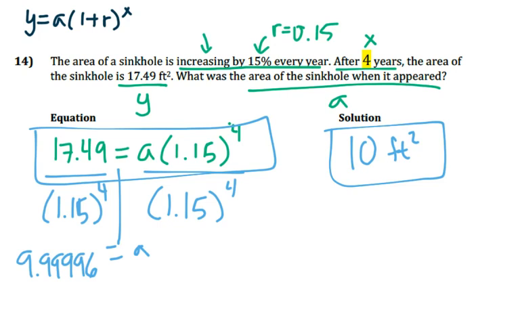And remember, we could write this in a different form and solve it differently. So our other possibility for our equation would be saying that Y is equal to 17.49 times 1.15 raised to the negative 4th power. So remember, we changed the sign, so we're going back in time, and we're causing now to be our initial, so we can figure out the past.